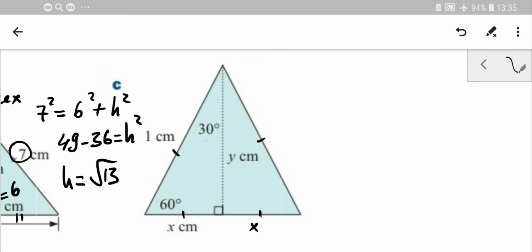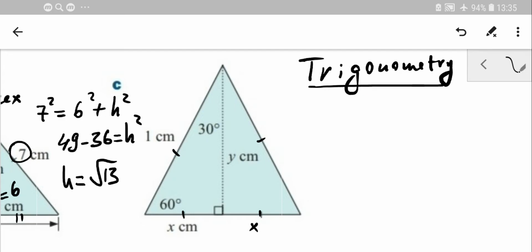Okay, we have angles 30, 60, and we have y and x. Okay, so here you can use trigonometry. It will help you figure it out very quickly, and we find out one more significant property.